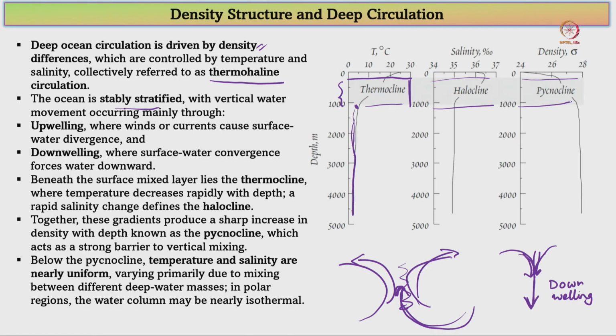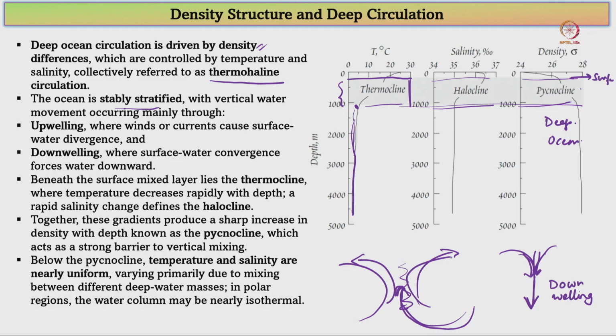Okay. So, together these gradients are creating a strong barrier, and that separates the well mixed surface layer from the deep ocean. So, this is the deep ocean and this is the surface layer.